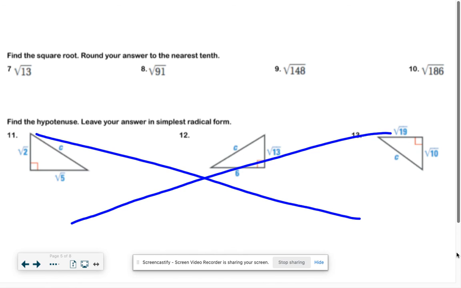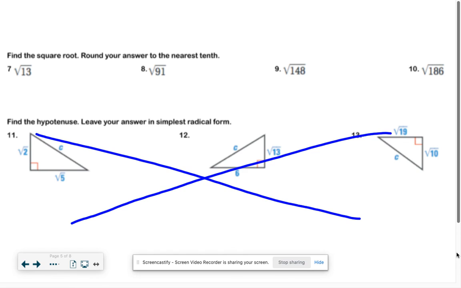And then you can cross off the rest of the front. So 11 through 16, cross off after you do those ones. What about 14, 15, and 16? Yep, cross those ones off too. What about 29 through 31? Those ones are easy. Those are just angles. Subtract from 180.